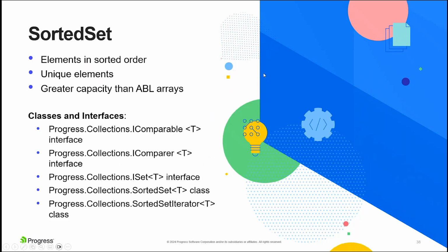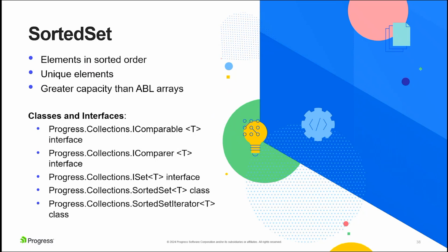On the same lines, we have support for sorted set collections. As the name suggests, elements in the sorted set are in sorted order, and no duplicates are allowed in here. That is, all the elements should be unique in nature, unlike a list collection where we maintain duplicate elements. IComparer and IComparable interfaces define what sorting mechanism we have to use in order to add an element to a sorted set, followed by some other interfaces like ISet, which is specific to the set collections.